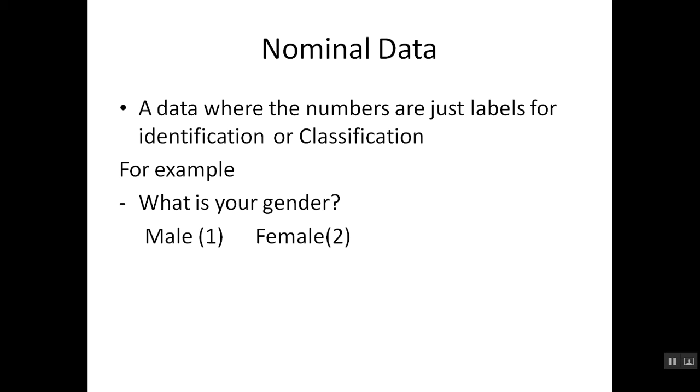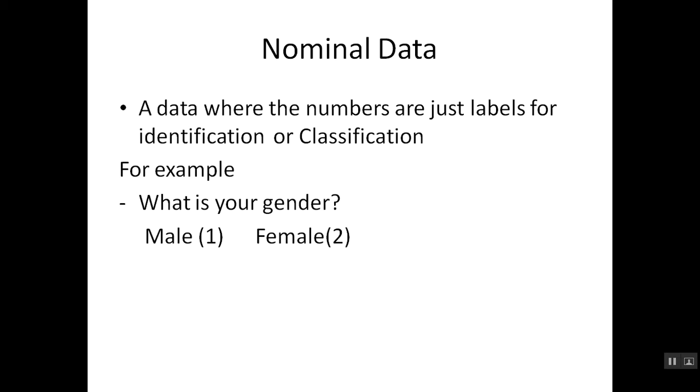This 1 and 2 can easily be replaced with A for male, B for female, or M for male, F for female. So here 1 and 2 are used just to classify the people according to their gender, right?